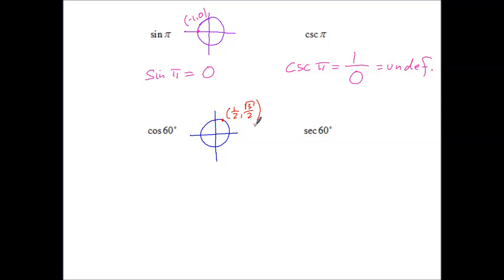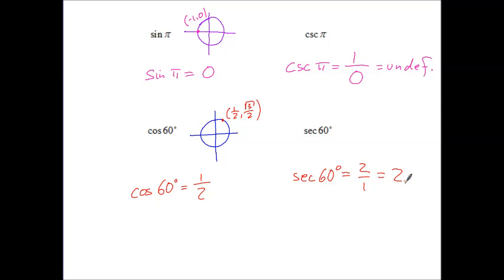And there we can use those coordinates for our cosine. The cosine of 60 degrees is equal to the x-coordinate of the point. That's 1/2. And the secant, being the reciprocal of the cosine of that same angle, is then 2 over 1.